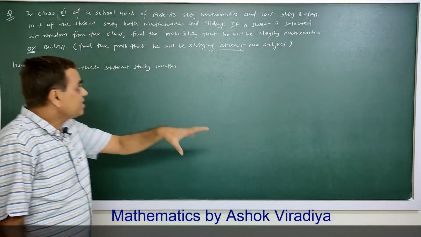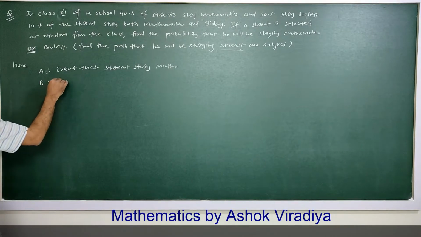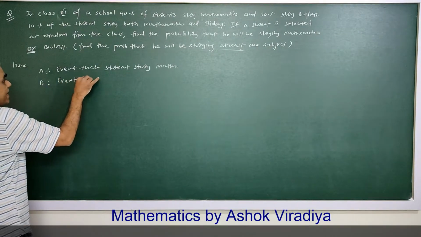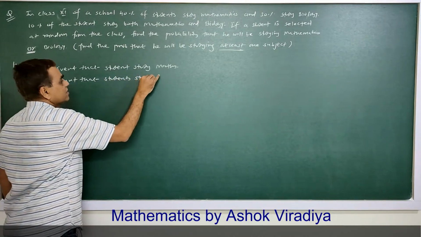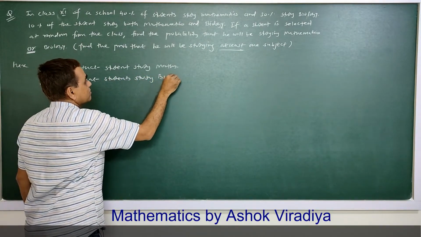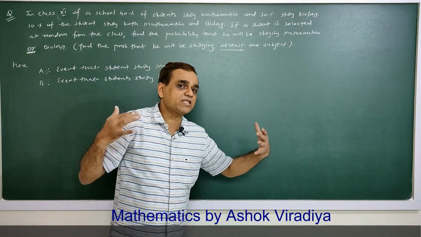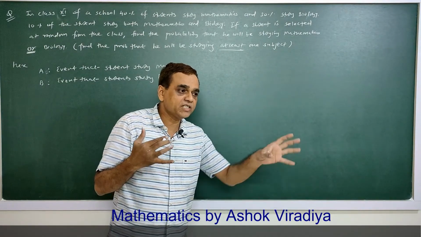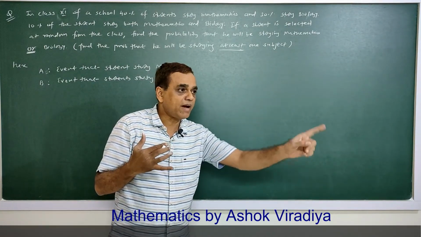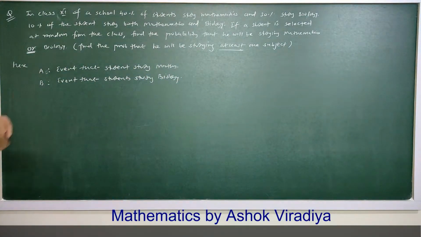If the student studies mathematics, that is, A occurs. If the student studies biology, then B occurs. This is a random experiment. Select a student, ask him which subject he is studying. If the answer is maths, that means event A occurs. If the answer is biology, that means event B occurs.